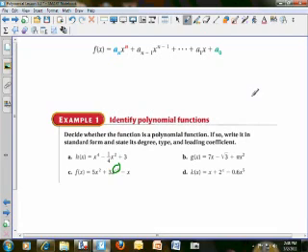Y equals 2x plus 3. Is that a polynomial? Why not? What do you have written down for the definition of a polynomial? One variable, only whole powers. How many variables are on this side? One. Are they only whole powers? Well, what's the power in this one? One, that's a whole number. Okay.